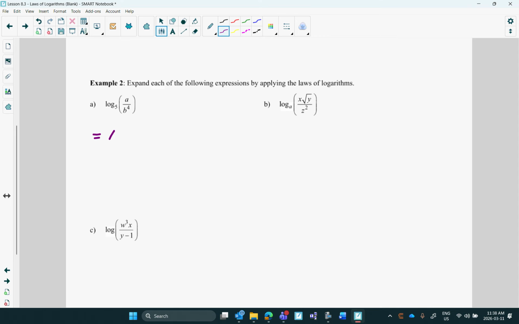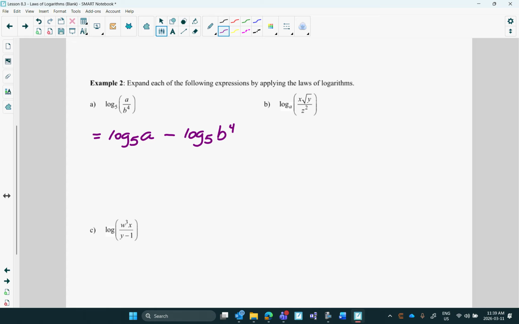Well, it's going to be log base 5 of A and log base 5 of B to the 4th. What sign goes between them? Minus.